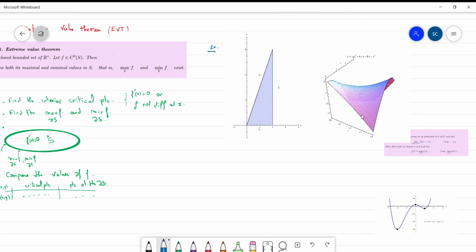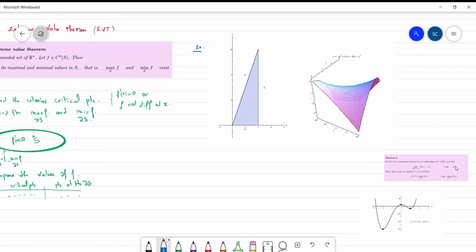Here is my function, f(x,y) = -x² + 4xy - 6x - y². This is my set S, and I need to find the minimum of f on S and the maximum of f on S.